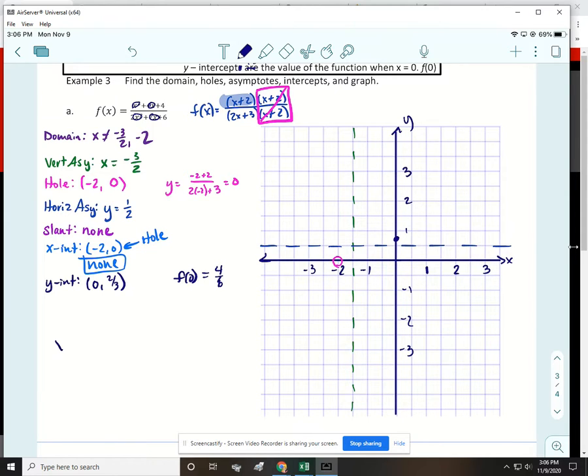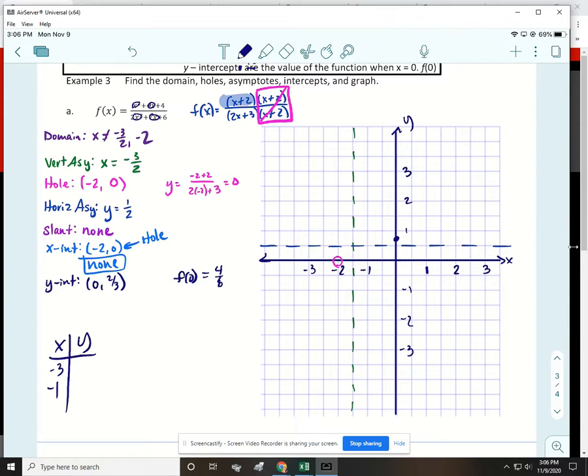So what I'm going to do is do a little table of values. So I'm going to plug in -3 because it's on the left side of my hole. And then in between my y-intercept and my vertical asymptote, I'm going to plug in -1.